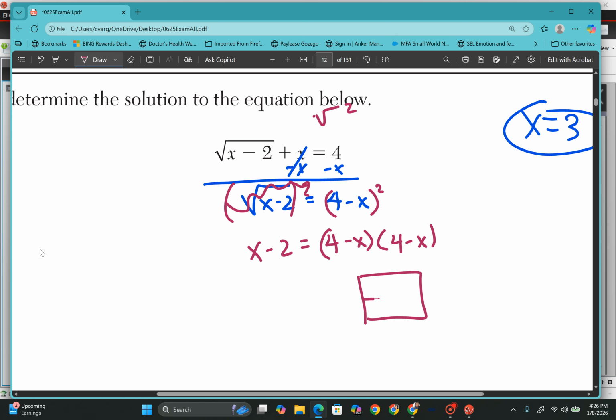So you could do this box method right here. So 4 negative x, 4 negative x, or you could do FOIL. So that's 16. This is negative 4x. This is negative 4x. And this is x squared. So we have x squared minus 8x plus 16, because we just added these, okay, is equal to x minus 2. Good.